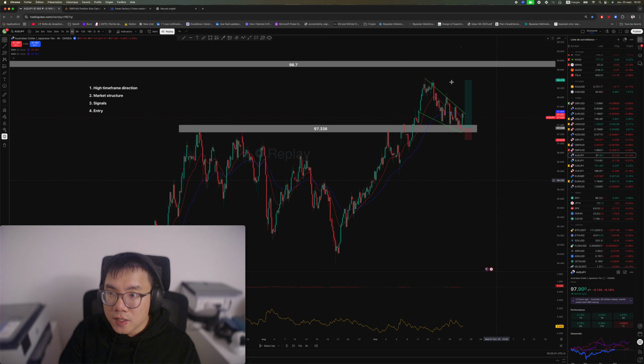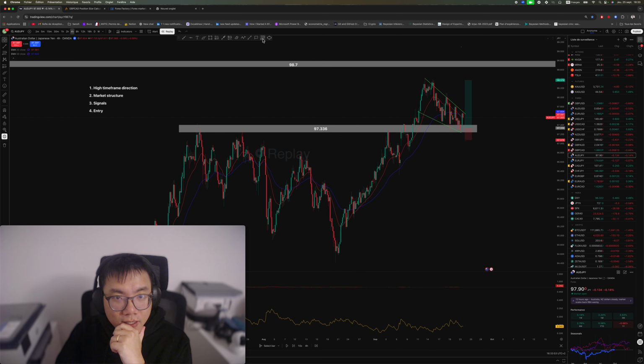Since the price was here, right? My question is, what would be the most significant level? And the answer is this one. It's 97.336. Right?